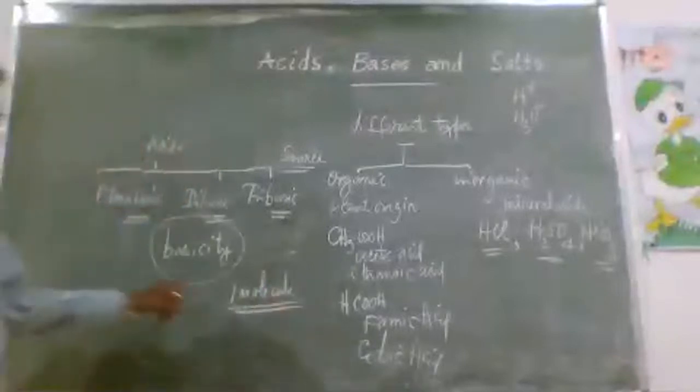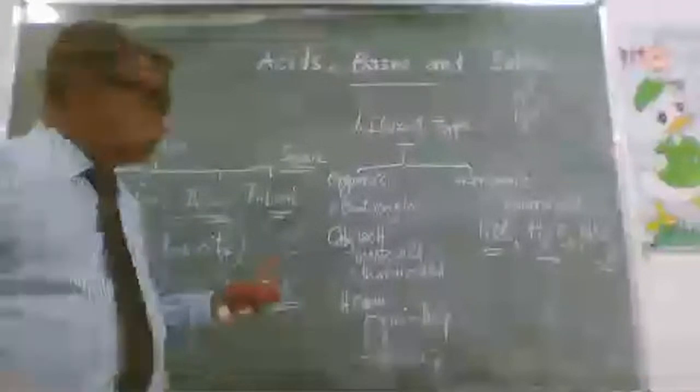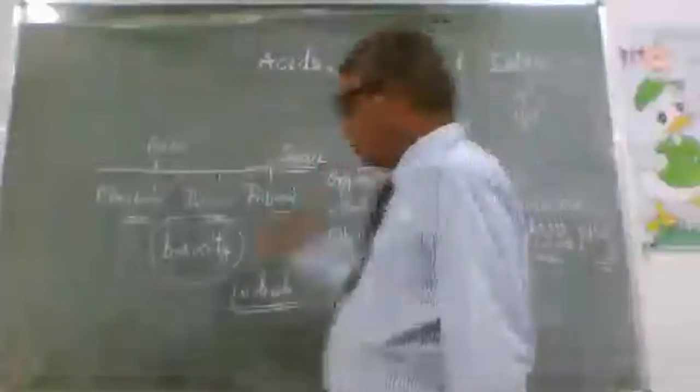From one molecule of acid, how many replaceable hydrogen or hydronium ions can come out?